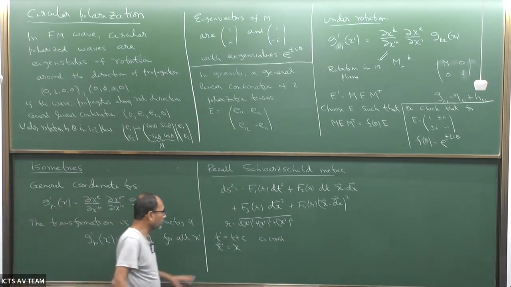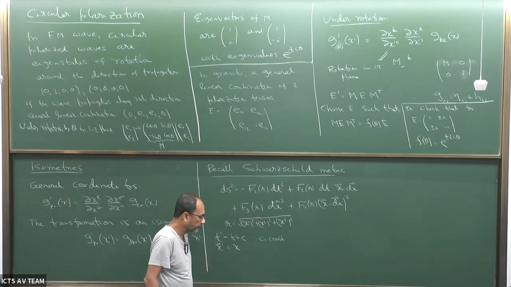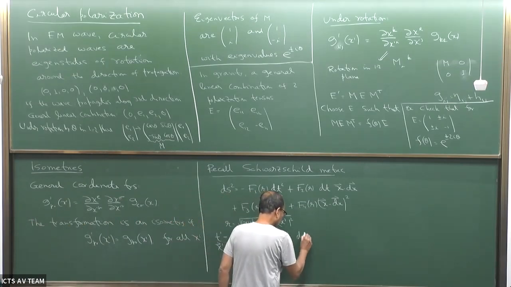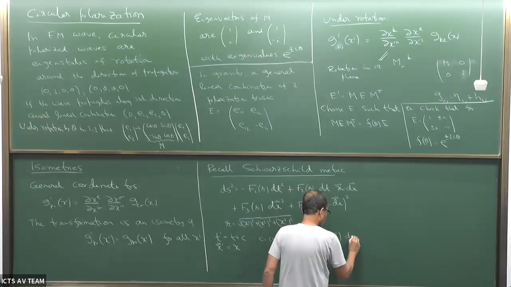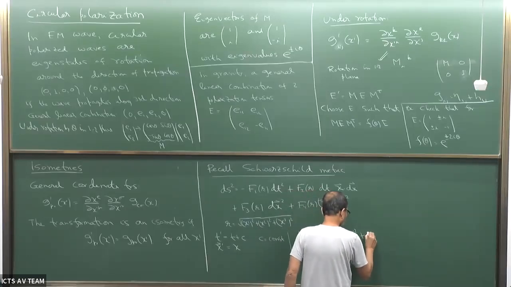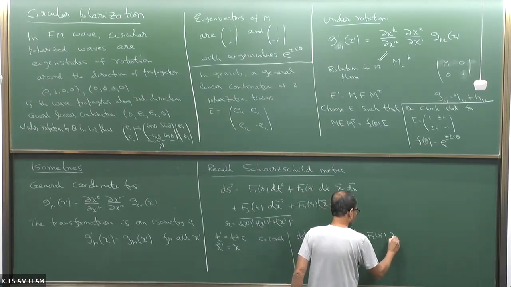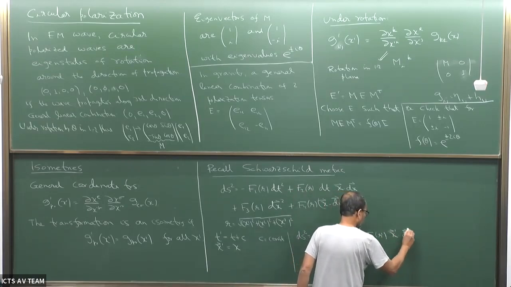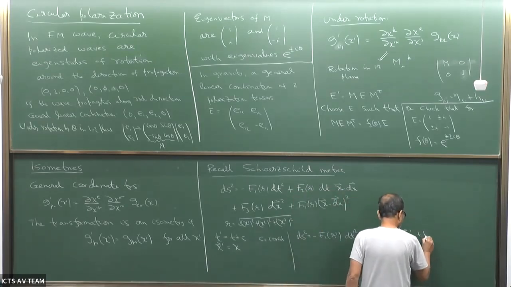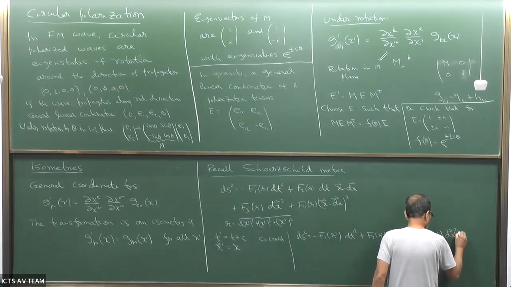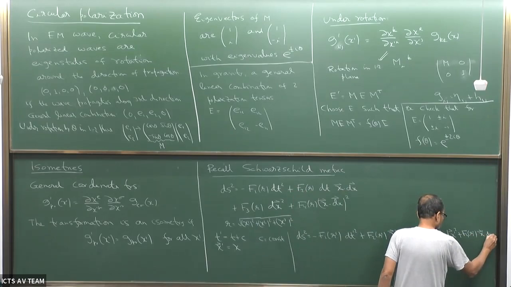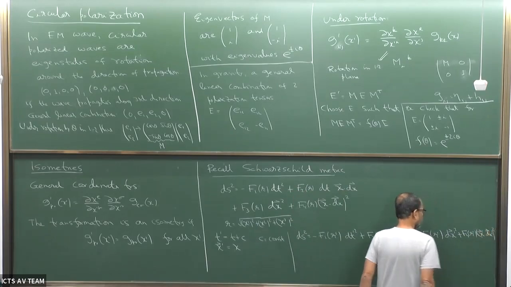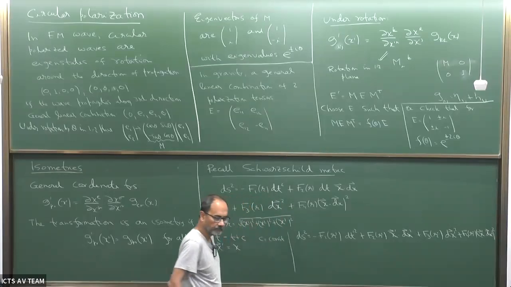If you make this transformation and rewrite this in the x prime coordinate system, then ds squared becomes minus... It's trivial.